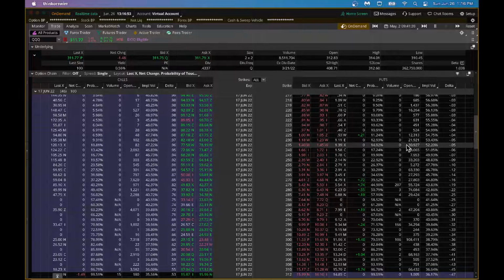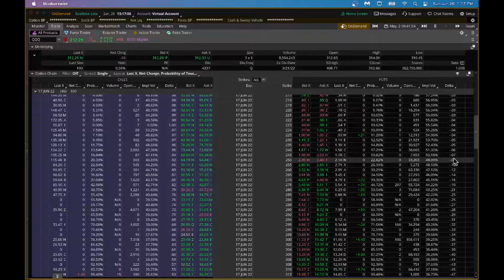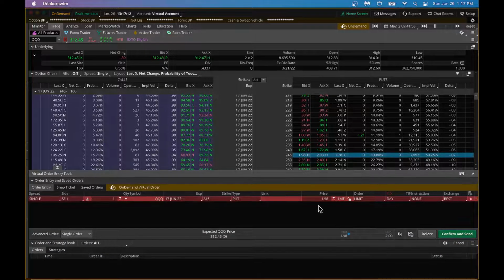I would go somewhere right here. Look, if you see here, delta is just 5 and the probability of touch is around 14%. I would probably go right here somewhere. Look here, probability of touch is 19%, and delta is around 0.7. I would sell some put options right here and collect $1.98. I would even go $2 here. Typically you get a fill at mid price, at $2.